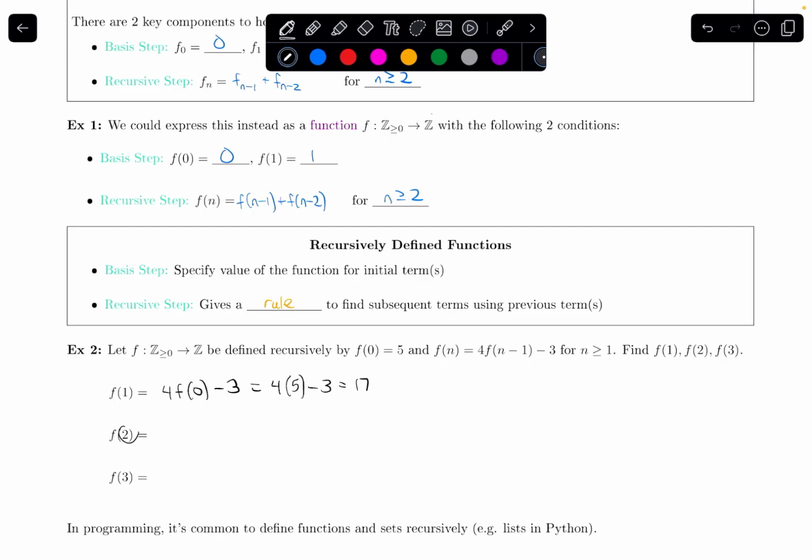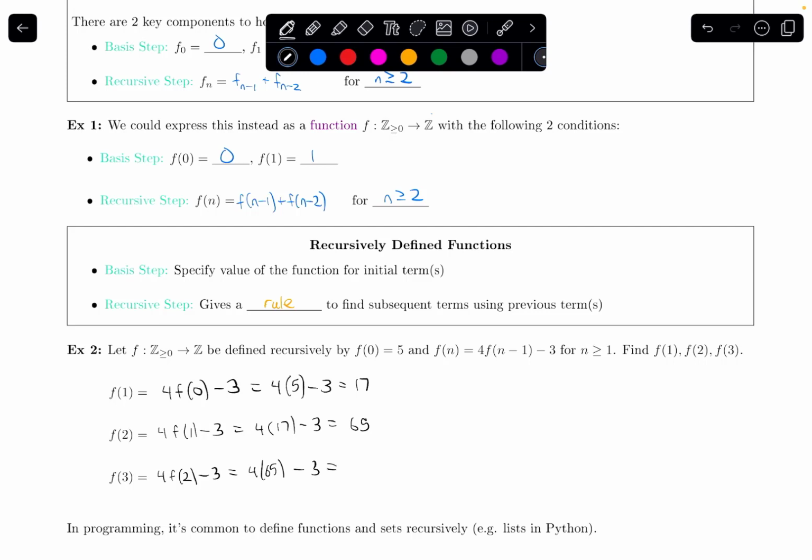If I do the same thing with 2 and I plug 2 in for the n, I will get it equals 4 times f of 1 minus 3. So this is 4 times 17 minus 3. So that is 68 minus 3, and that is 65. If I do the same thing with f of 3, that equals 4 times f of 2 minus 3. So that's 4 times 65, and then minus 3.